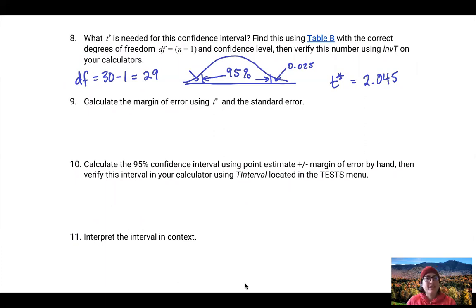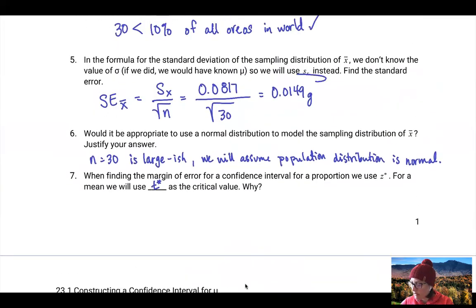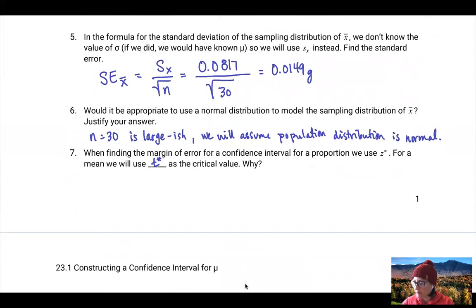All right, so we're going to calculate the margin of error using T star and our standard error. So our T star, we said, was 2.045, and our standard error from the previous page was 0.0149.